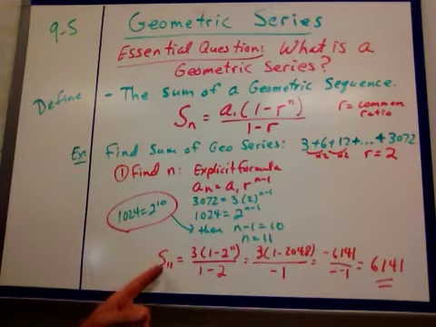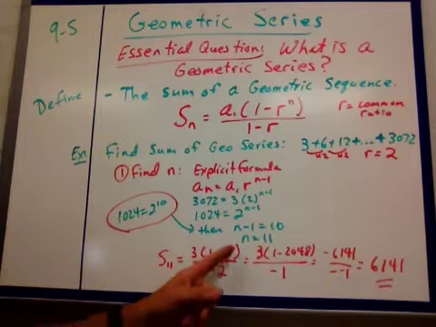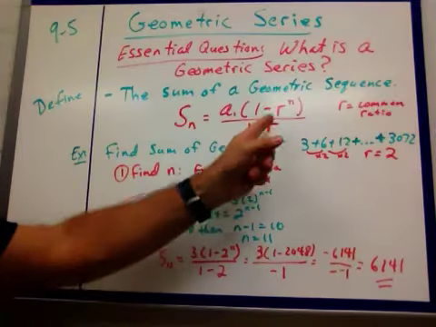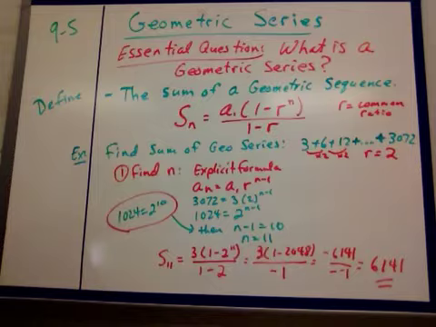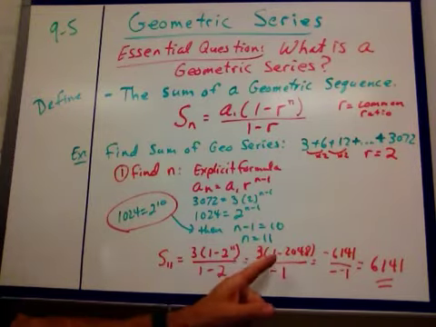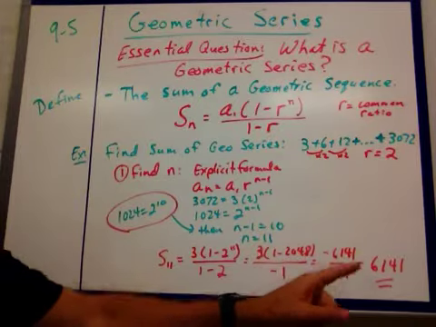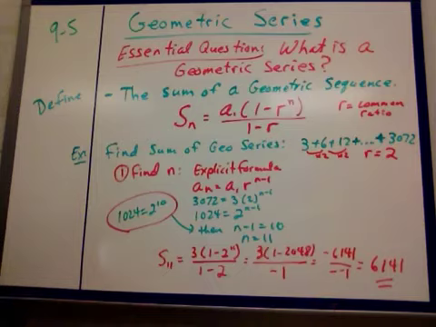So what's the sum of the first 11 terms? Starting with 3, 1 minus r to the 11th. I'm just plugging it into the formula up here now. 1 minus 2. So 3 times the negative 2047, which is what you get here, is negative 6141, divided by the negative 1, and you get a positive 6141.